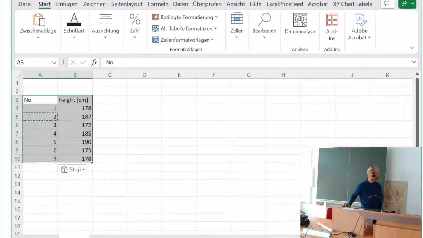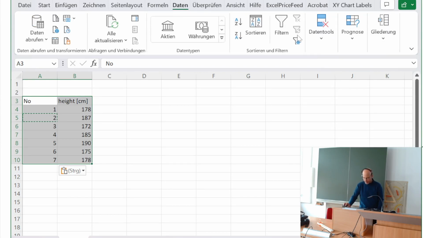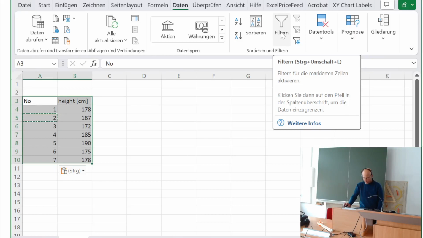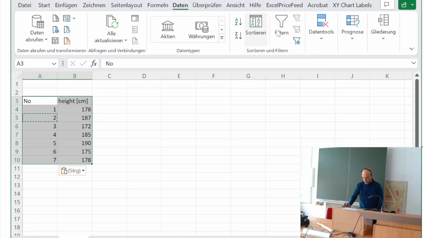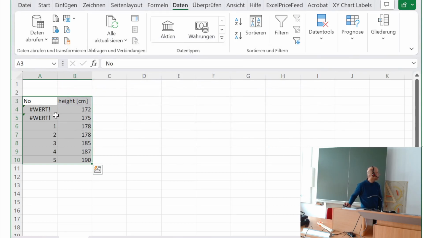This is a good idea. And of course, we use our software package, and here we sort by height, taking the lowest one at first and then the highest one. Okay, and here we are.